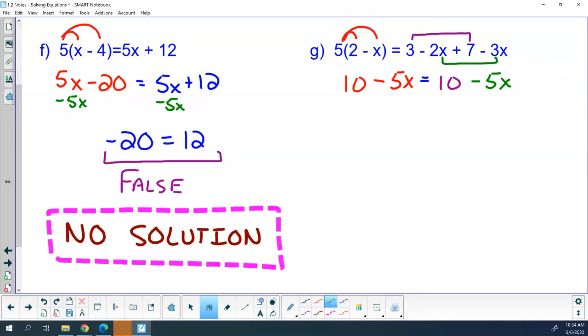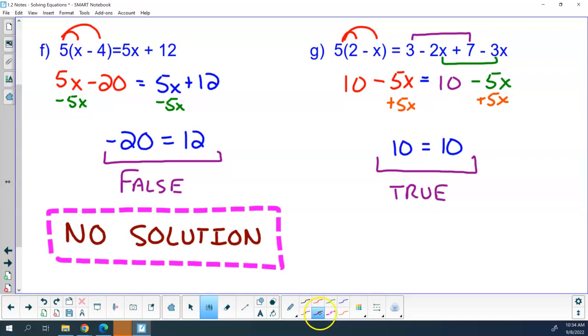When I go to add the 5x to both sides, I get 10 equals 10, or I get 0 equals 0 if I subtracted 10 at the same time. That now is a true statement. So this one is infinite.